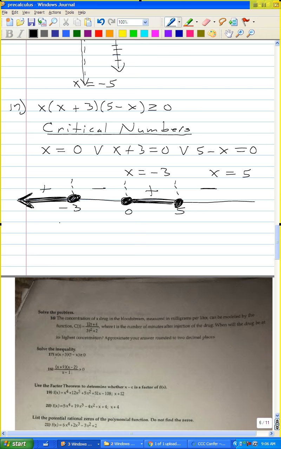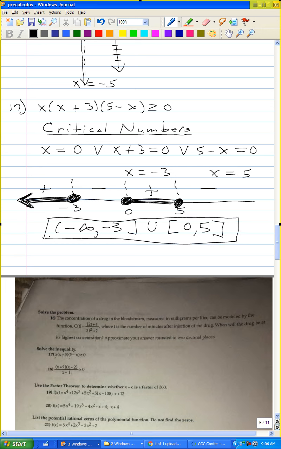And so this is negative infinity to negative 3, union 0 to 5. And that will be my answer. Any questions about that? No. Okay.